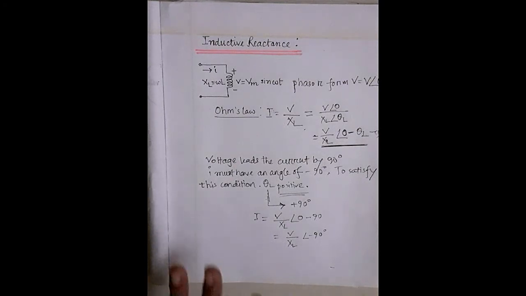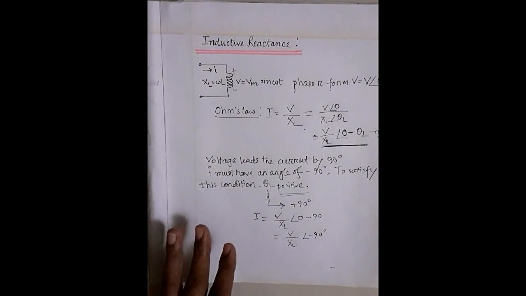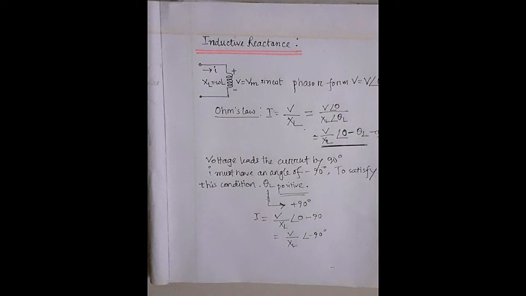So the thumb rule is to remember that in an inductive circuit, voltage leads the current by 90 degrees. And in other words, you can also say that the fact that theta of L is equal to 90 degrees can be employed to assign polar forms to inductive reactance to ensure the proper phase relationship between the voltage and current of an inductor, right?